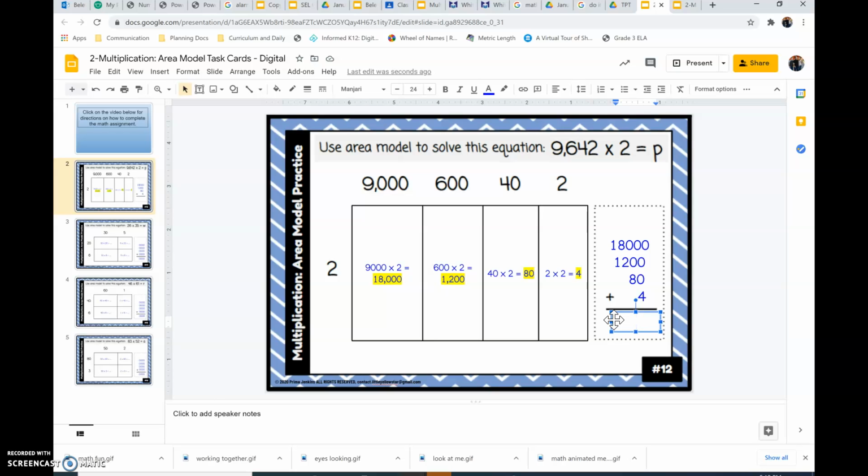I just solved it on my paper, and that may be the easiest thing for you to do. And I ended up with, see, I'm clicking in there, 19,284. I am going to just make that a little bit bigger.